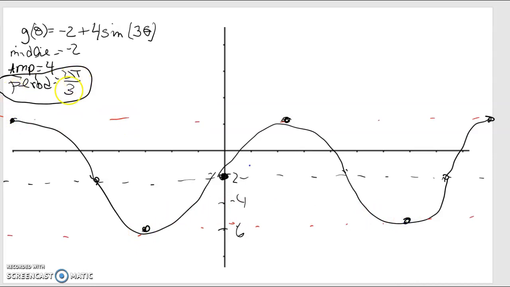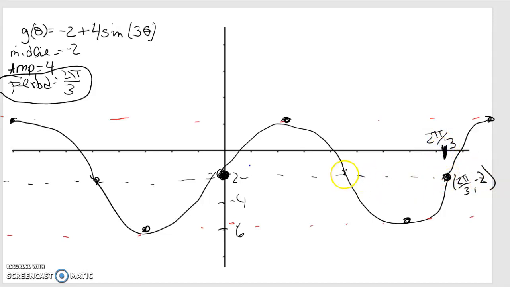Well, if my period is 2 pi over 3, that means to go from this midline and go through one wave, this distance right here on my x-axis is 2 pi over 3. Okay, it's not the point down here. This would be the point 2 pi over 3, -2. But my axis right there is 2 pi over 3.